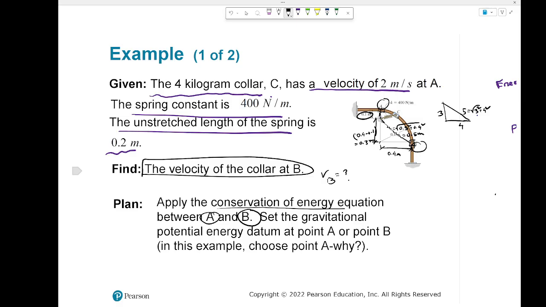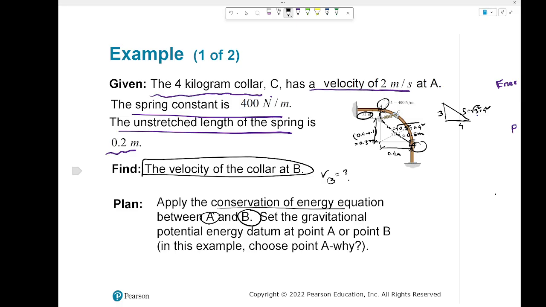Everyone understand this? See, zoom in, this is the collar. When the collar is on the top of this, it has a force due to gravity acting down, and at the same time it has an equal and opposite normal force acting up. So they nullify each other. That means at location A, we can ignore the gravitational force.